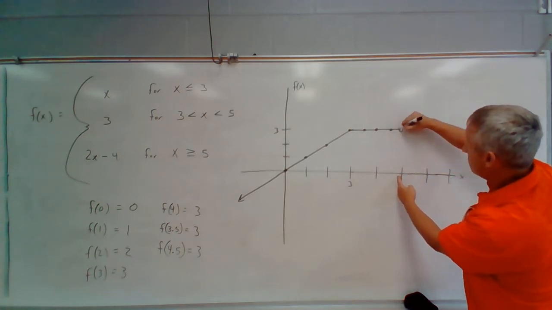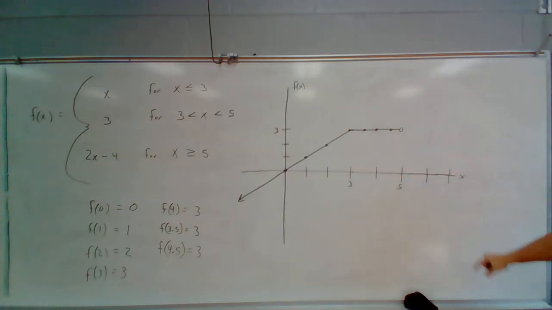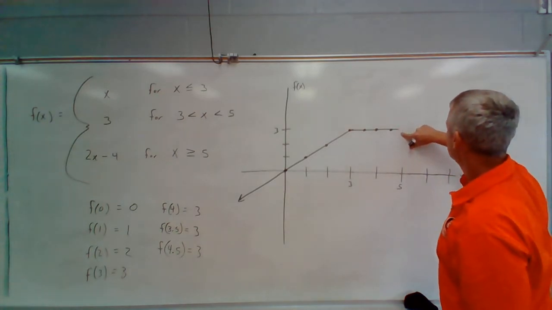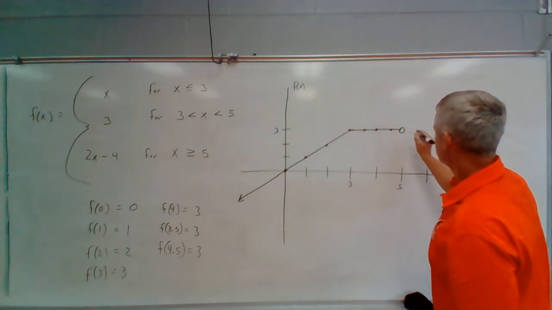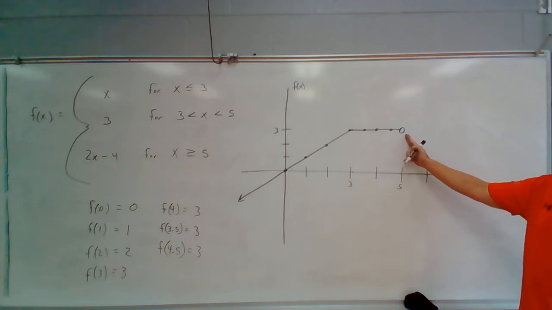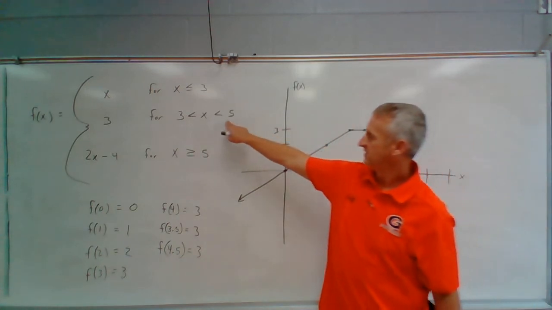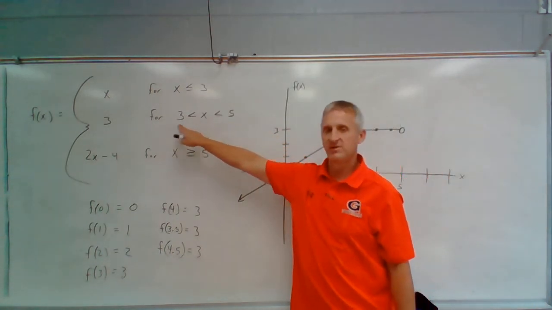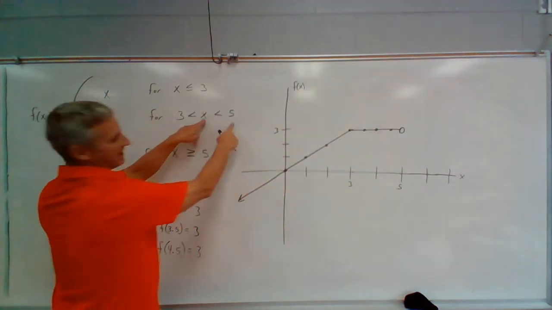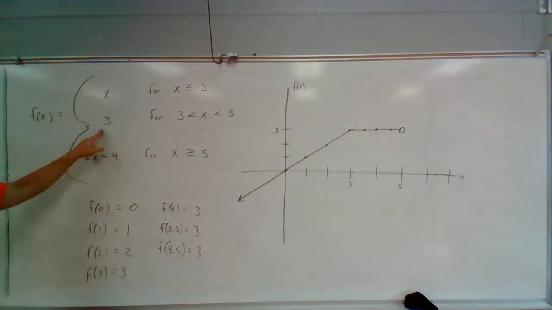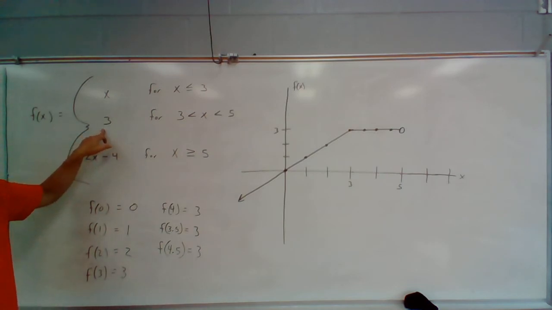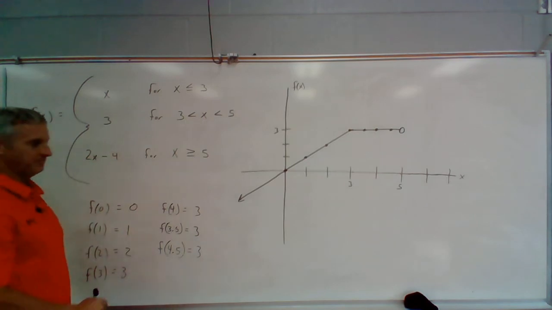But I'm going to have to use an open circle, let me make that a little bigger, because if I plug 5 in, I'm not allowed to use this middle equation because 5 is not less than 5. So it won't be 3. The point (5, 3) is not on that graph. And let's figure out what we get if we do plug in 5.